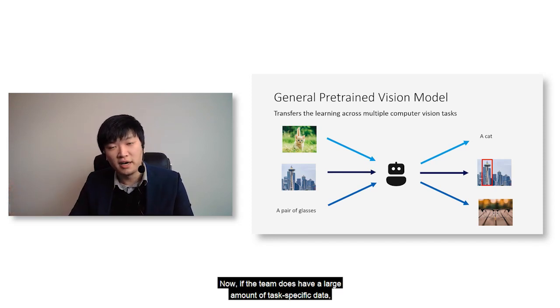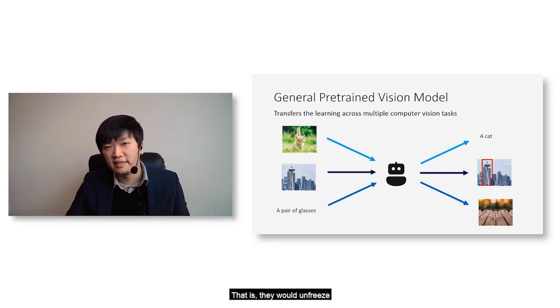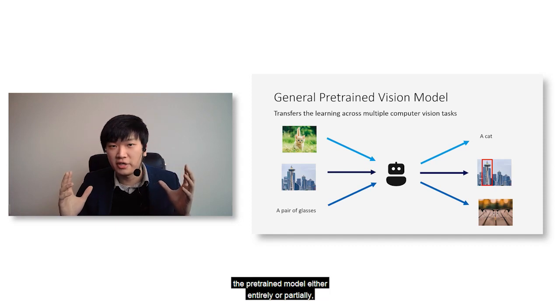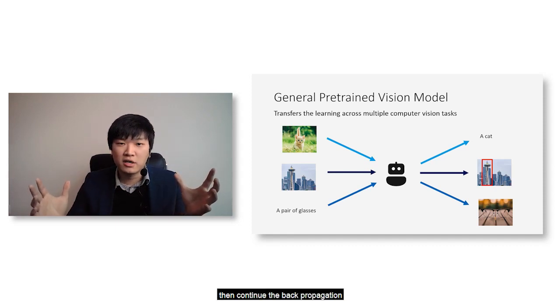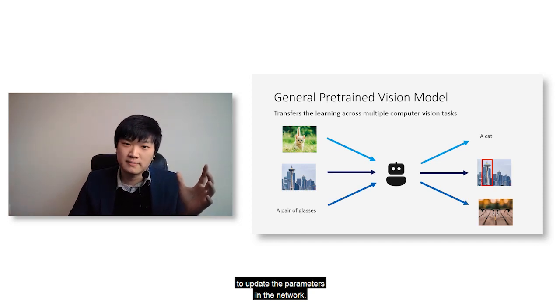Now, if the team does have a large amount of task-specific data, they can further improve the performance by fine-tuning the model. That is, they would unfreeze the pre-trained model, either entirely or partially, then continue the backpropagation to update the parameters in the network.